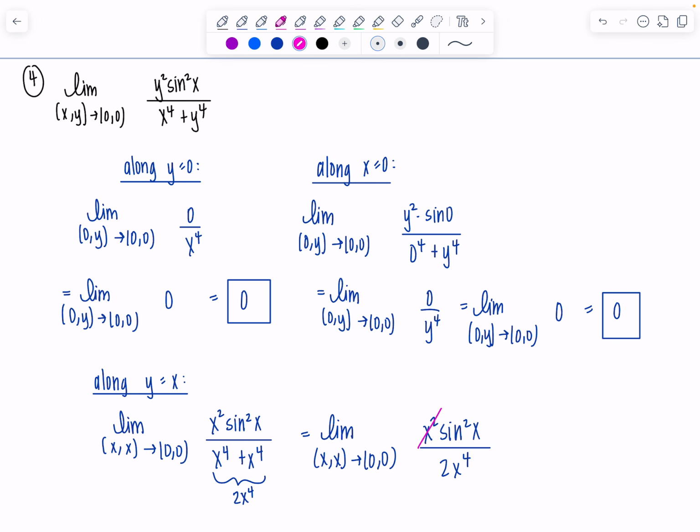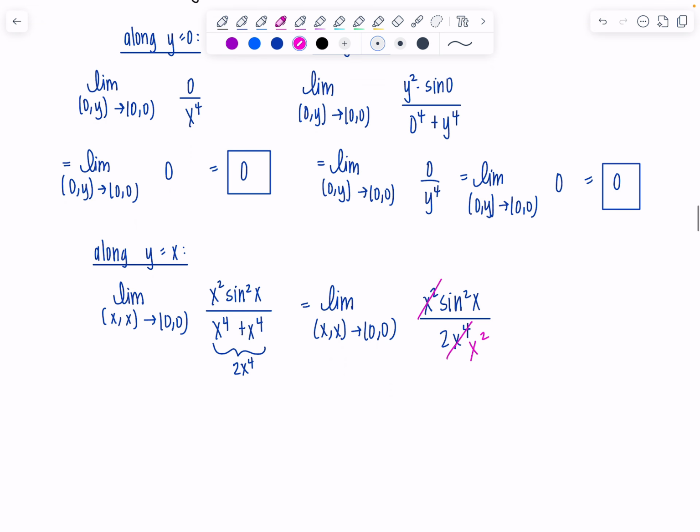And then x squared cancels. So now this is x squared. And then hopefully you remember from Calc 1 that the limit as theta approaches 0 of sine theta over theta is 1. Very good. So then I'm going to use that now.